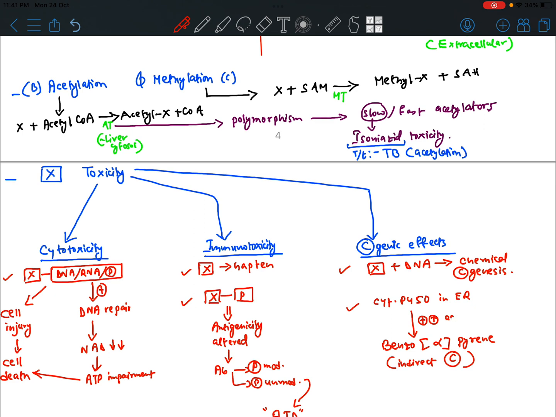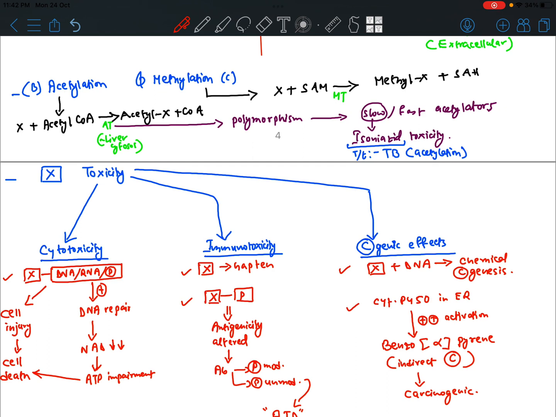This is activation, not induction, it's activation. It needs to be activated to become a carcinogen. So for carcinogenesis, cytochrome P450 is required. The activities of the xenobiotic metabolizing enzymes present in the ER help to determine whether such compounds become carcinogenic or are detoxified.